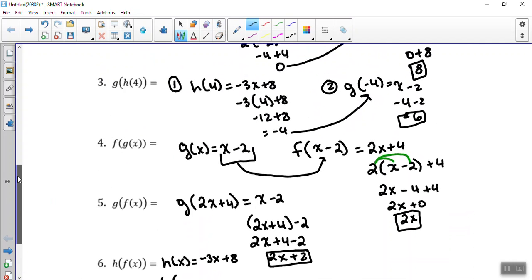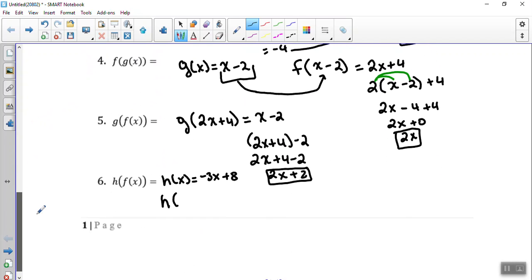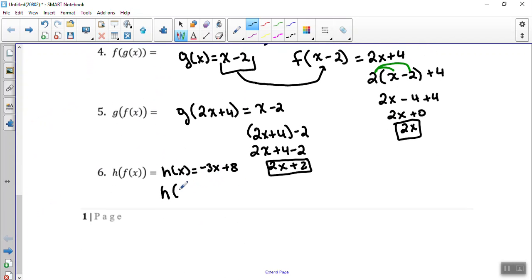So f of x is 2x plus 4 right here. 2x plus 4 equals, and then negative 3. And for my x, I just have to plug in whatever I have here. So this is parentheses 2x plus 4, and then don't forget the plus 8.